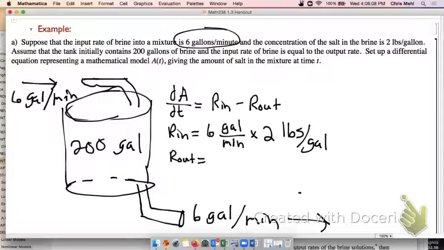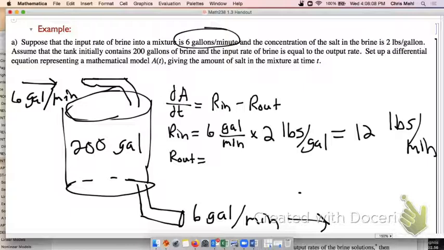So again, you multiply the concentration of the salt by how much of the solution is coming in per minute. 6 gallons per minute times 2 pounds per gallon means you have 12 pounds per minute coming into the tank. That's usually the easy one.